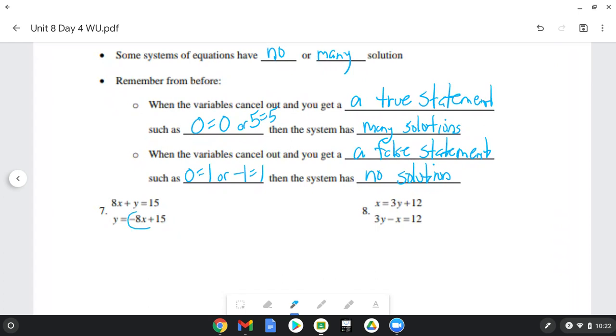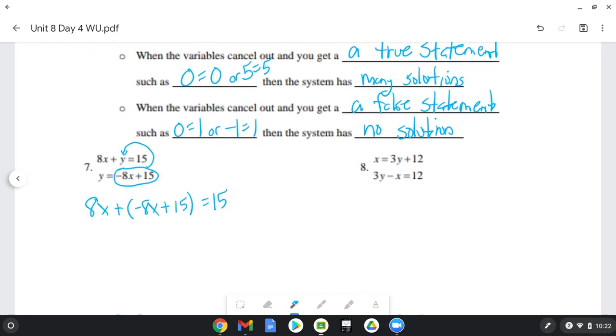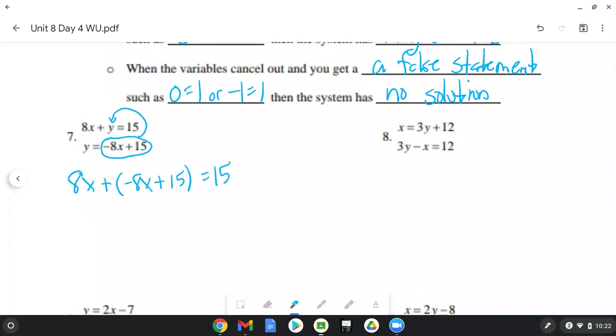So we would circle this -8x plus 15 and plug it in for y. So we get 8x plus -8x plus 15, and then it says equals 15. So let's see what we get here. If we distributed, there's nothing to change because there's no number in front of the parenthesis.